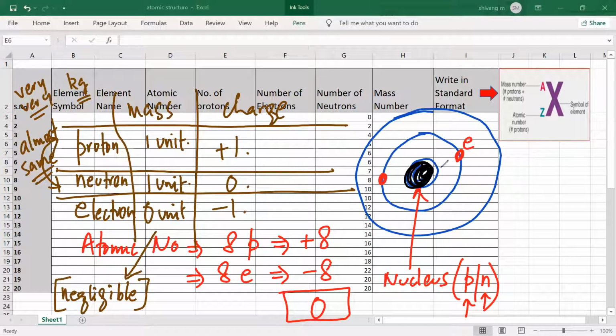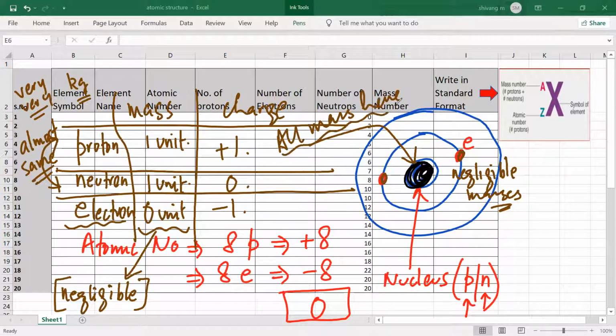So what we understand is, because the mass of an electron is almost 0, these electrons which will be revolving around the nucleus would have negligible mass. Are we clear about this? Yes, sir. So all the mass would actually be in the nucleus. Are we clear about this? Yes, sir. Is there any doubt? No, sir.